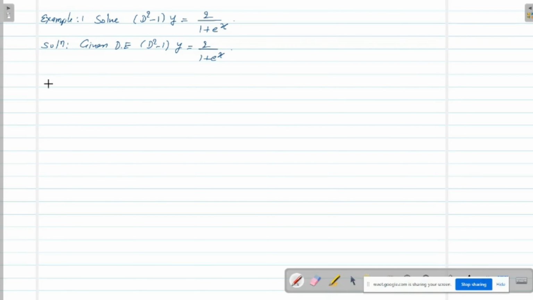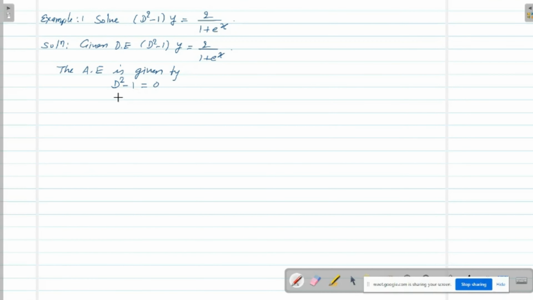Okay, now our job is to find the auxiliary equation. Therefore for the complementary function we put D square minus 1 equal to 0. So the auxiliary equation is D square minus 1 equal to 0.